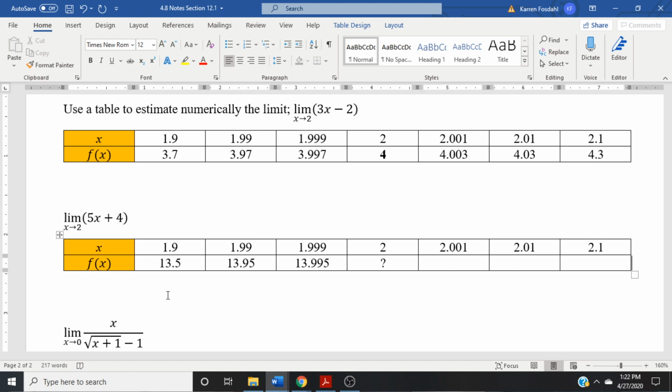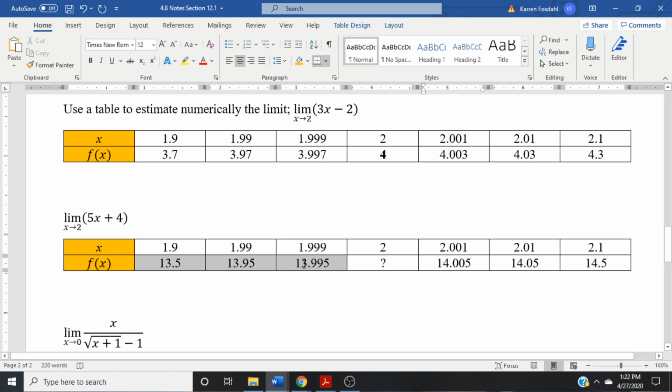Here you should have gotten 14.5, 14.05, and 14.005. So as we can see, from both the left and right side, it's getting closer to the number 14.